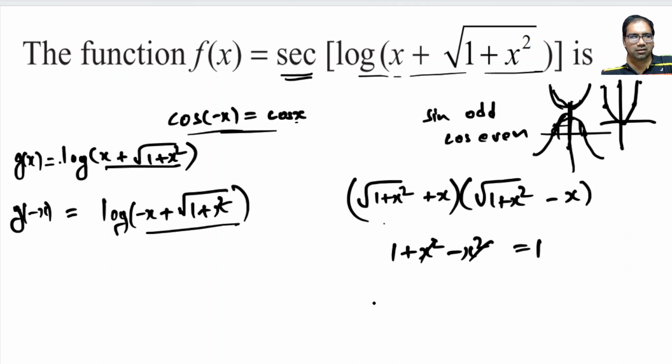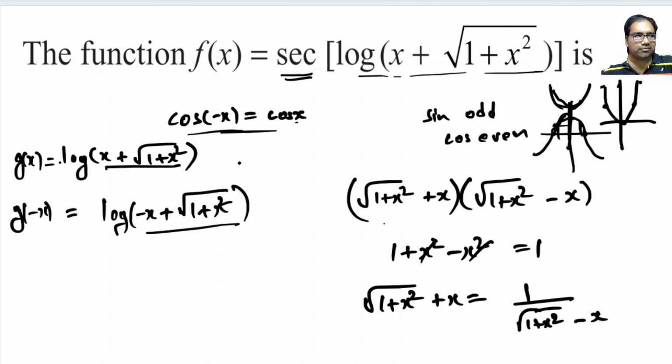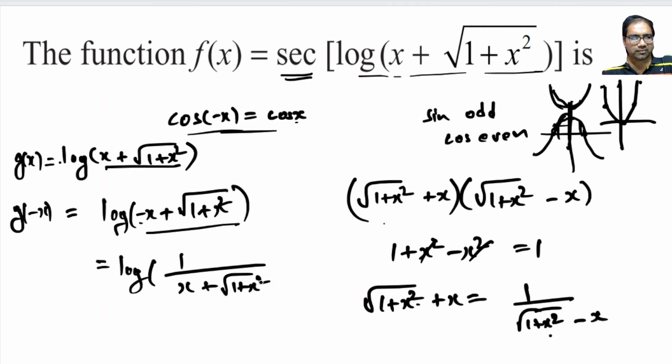What does that mean? Root of 1 plus x square plus x is equal to 1 by root of 1 plus x square minus x. Whenever we see this term, we should immediately recollect this. What does that mean? Log of minus x plus under root 1 plus x square, if this is 1 by this, is obviously equal to log of 1 by x plus under root 1 plus x square.